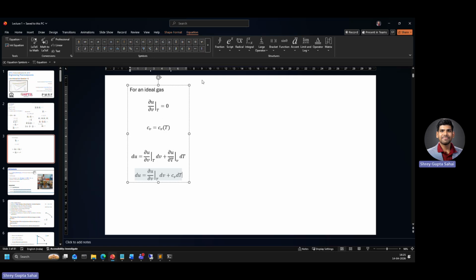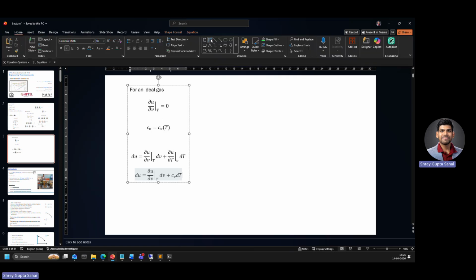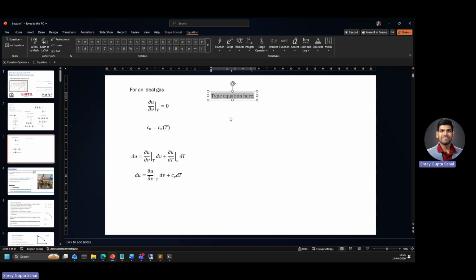Okay, this is doable. So now we will use real gas thermodynamic properties. Okay, and how essentially are we going to use it? Let's see. So let's use first the TdS relations.